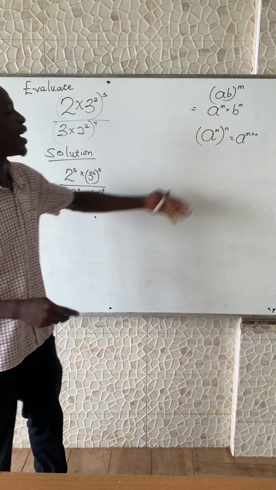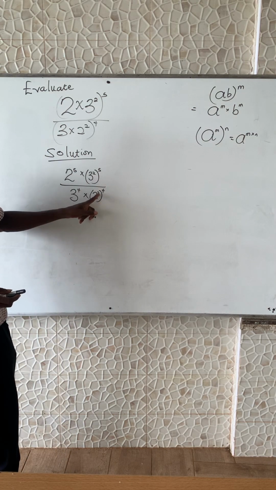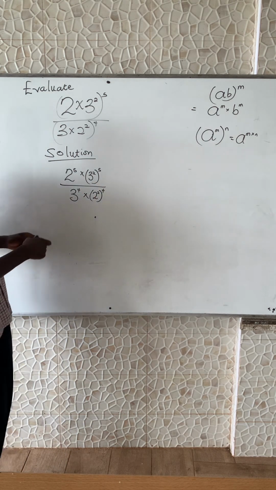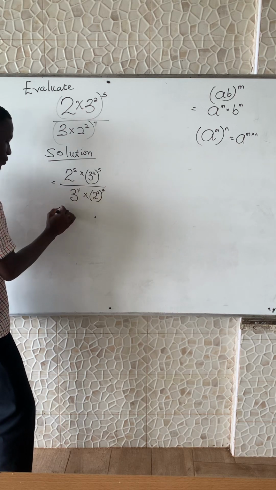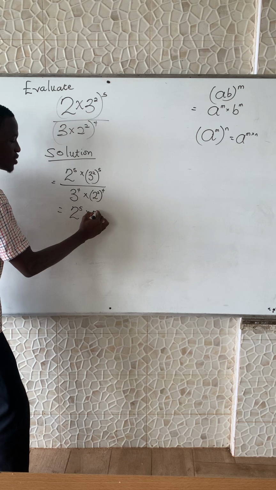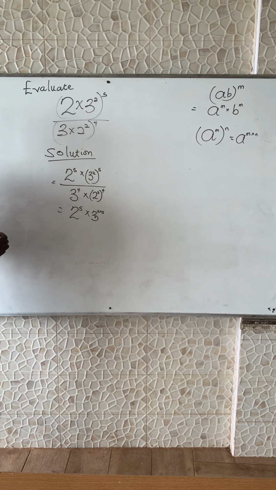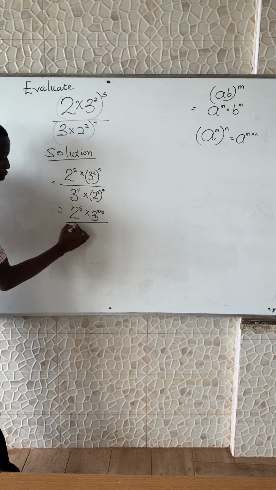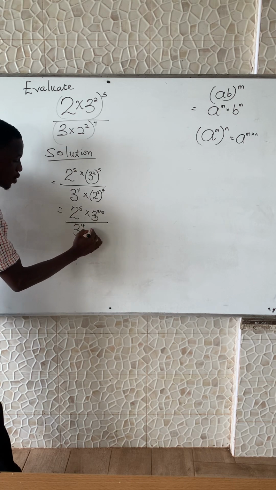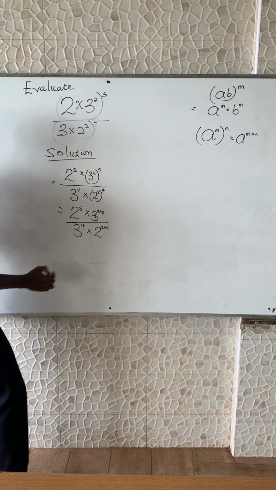So I'm going to apply this rule over here to these 2 indices. So this is going to give us 2 exponent 5 times 3 exponent 2 times 5, all divided by 3 exponent 4 times 2 exponent 2 times 4.